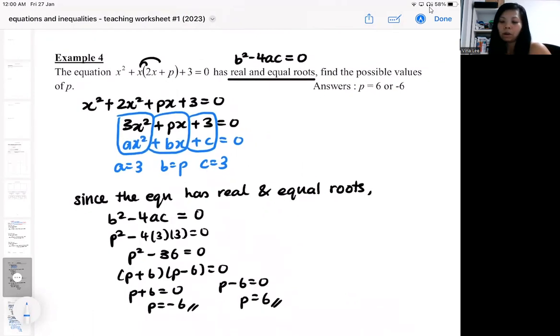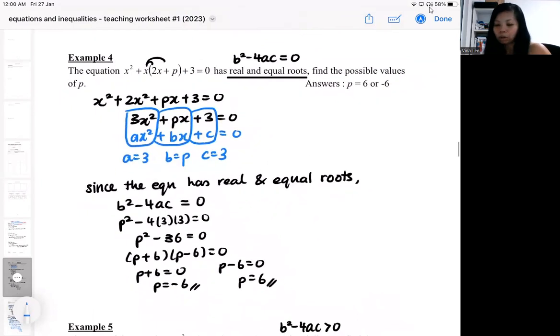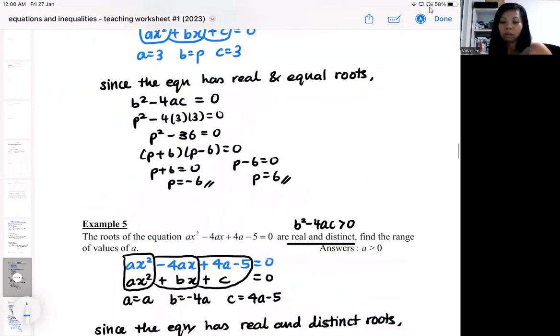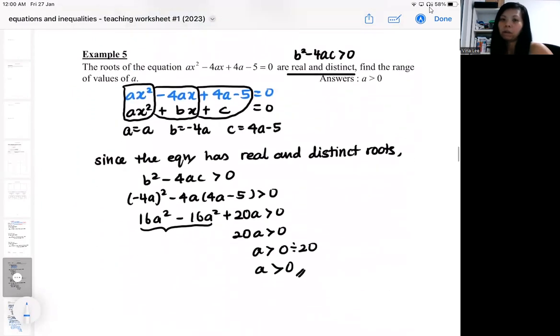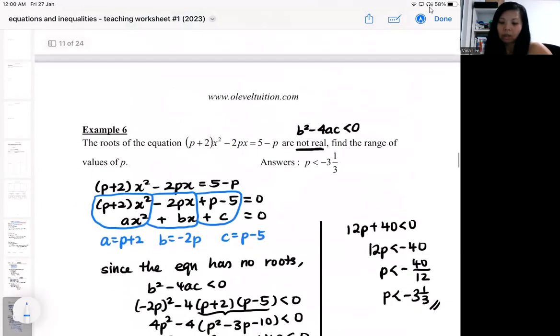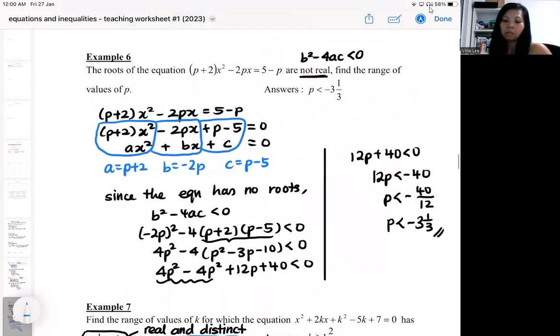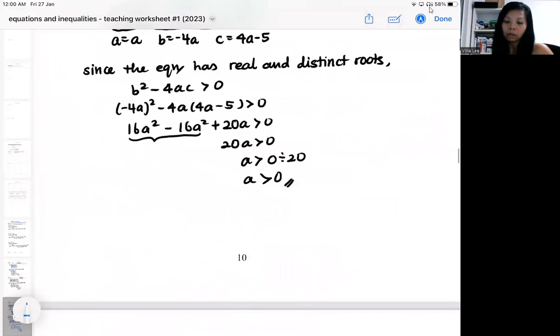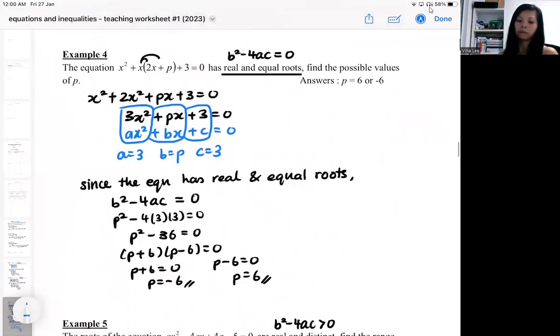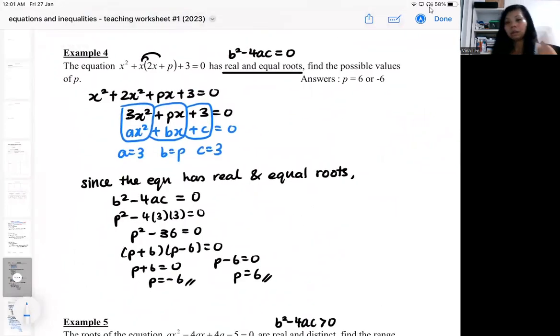If your condition of the discriminant is not correct, the whole question is a 0 mark, no matter how much working you do, because you have not gotten the correct thinking. So that is the important part behind this type of question. But like I say, it's very repetitive. Get the condition, insert the ABC.